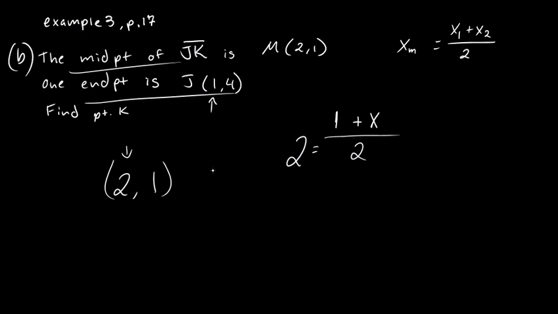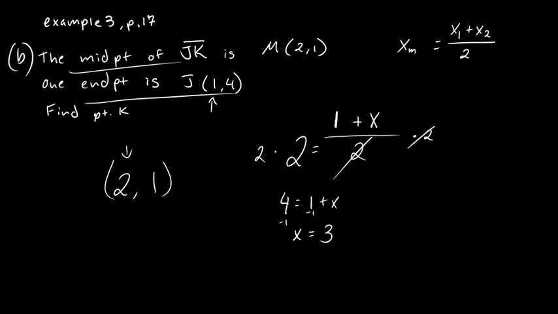So the x value of my midpoint is equal to one endpoint plus the other endpoint's x value divided by 2. And we solve by multiplying each side by 2 so that those two just drop out. 4 equals 1 plus x, and after subtracting 1, the x value for our second endpoint is 3.